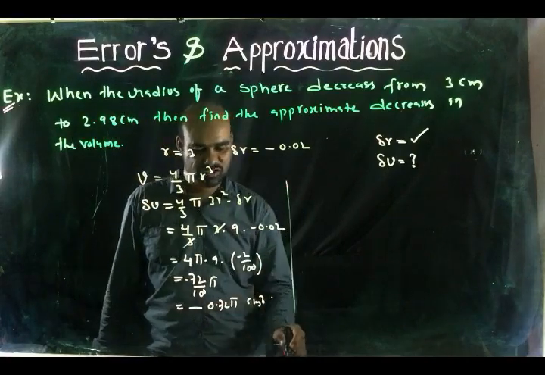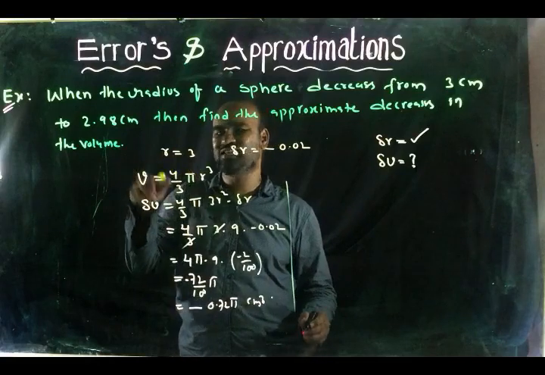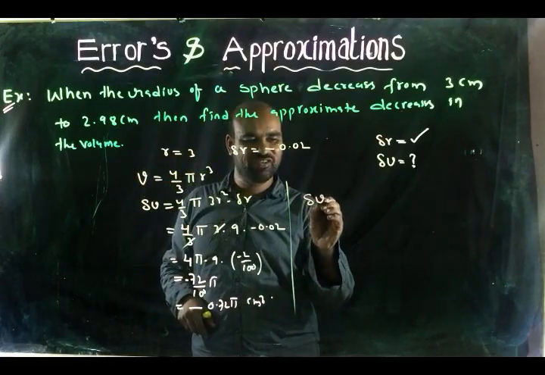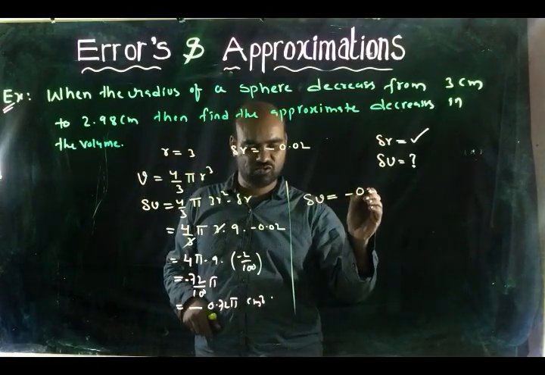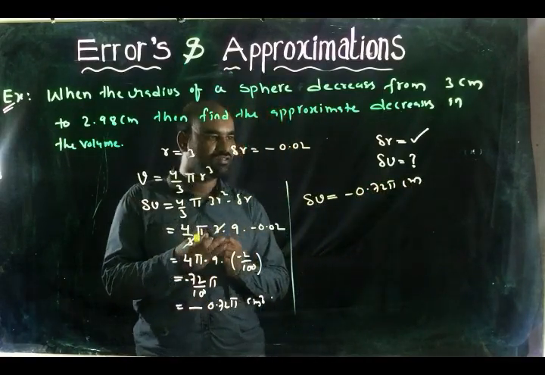So final conclusion, the approximate decrease in volume is delta V equal to minus 0.725 centimeter cube.